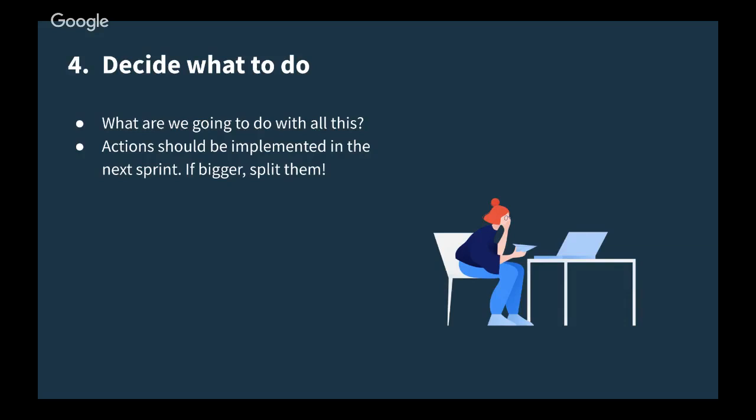And of course, we're going to come out with things that are bigger than that. But if you do, what you should do is split them. So if you find something that would take like 2 months to change completely, okay, what's the first step? Take that first step and do it in this sprint that's starting now.